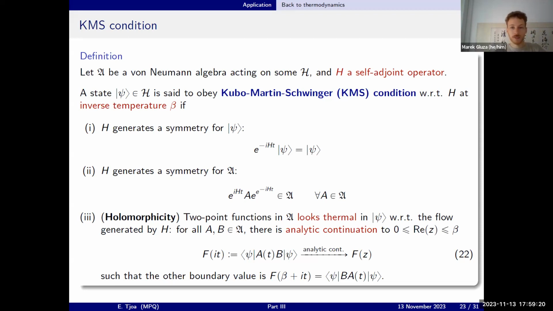The reason for this is exactly this kind of holomorphicity, because A(t)B is not a real observable, because A and B are Hermitian. You take the Hermitian conjugate and you get this F of beta IT, right?